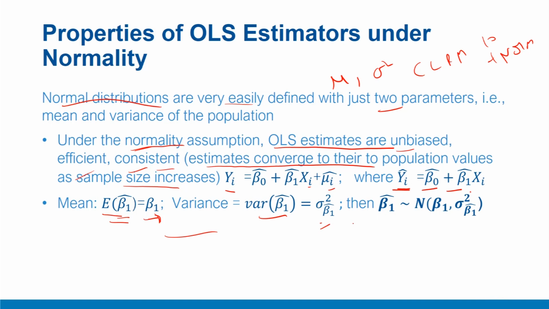To summarize these two definitions, beta 1 hat is distributed normally, with mean beta 1 and variance sigma square beta 1 hat. So this is the combined expression for these assumptions.